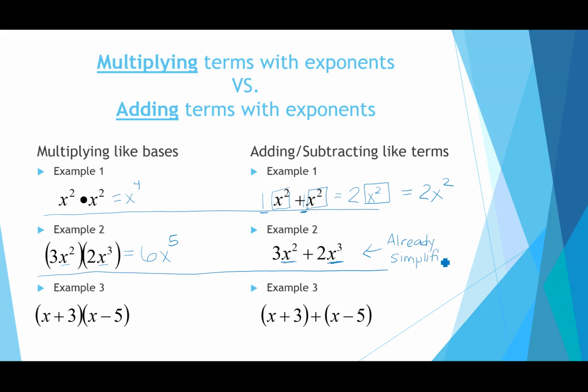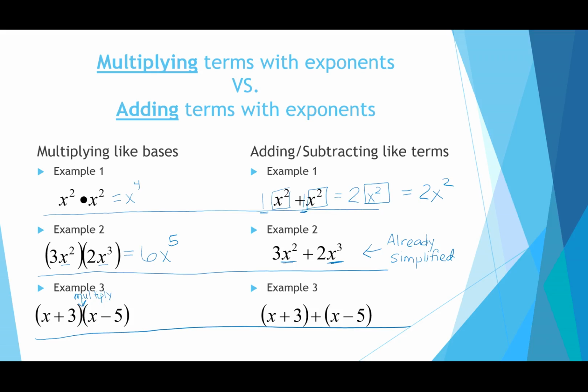Okay, let's look at our next parallel examples. We have a binomial x plus 3 in parentheses being multiplied by x minus 5. Remember, when there's no symbol in between, that means multiplication is happening. A few of us have forgotten that. We must remember what operation is happening between these two things.